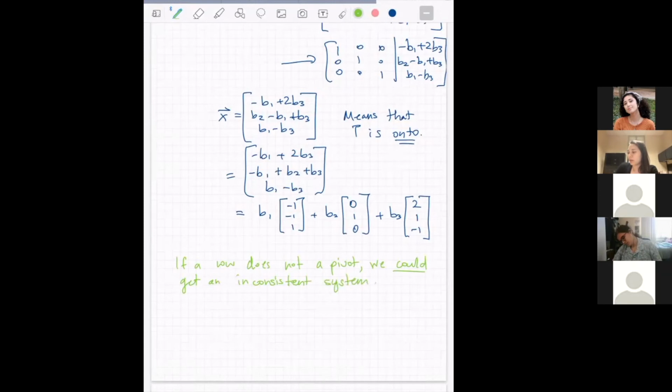And in fact, we definitely will for some values of B, or some vectors B.